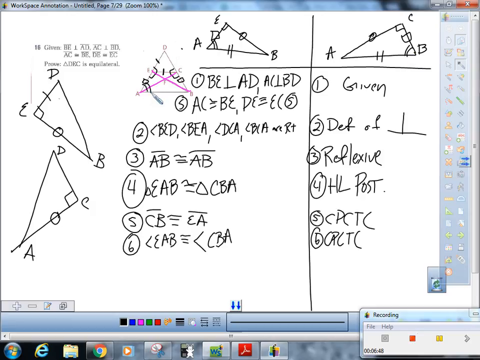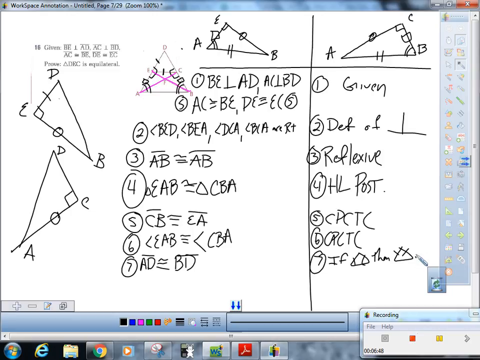And in here it's this angle and this angle. So now what can I say next using if angles then sides? AD is congruent to BD by if angles then sides.